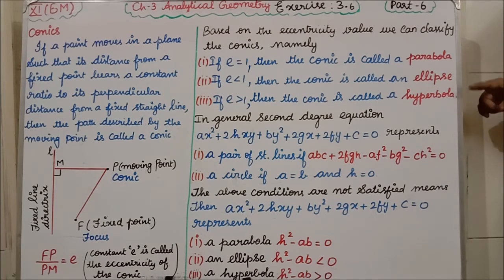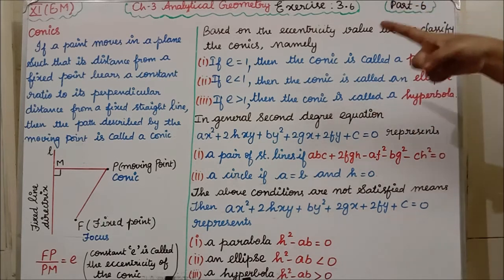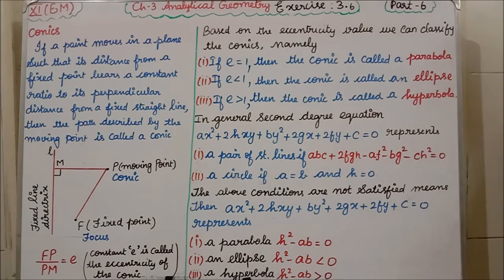Then the two remaining are new to you, isn't it? I'll explain it now. If e equals 1, whenever you get the eccentricity value equal to 1, then the conic is called a parabola.